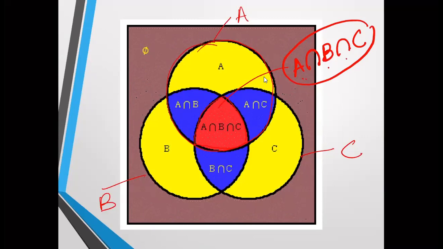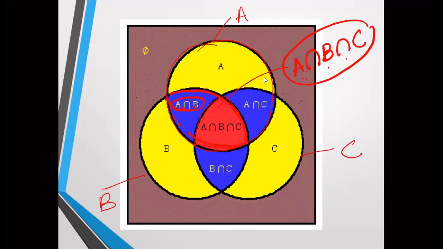So that region can be denoted by A intersection B intersection C, which is given in red color. Now look at A intersection B. That region is not actually this blue color one, but you have to understand it very carefully. A intersection B means this whole region.